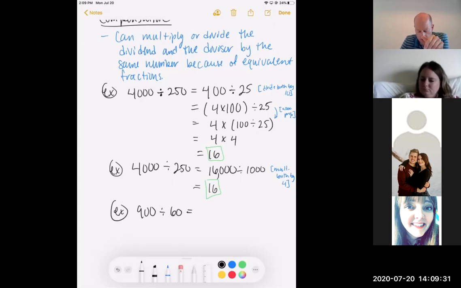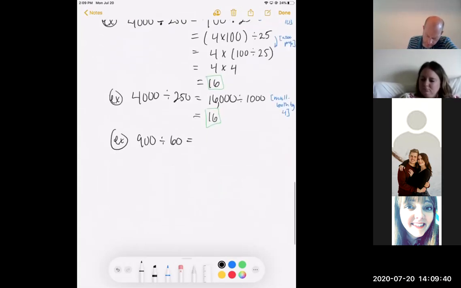Compensation again is multiplying or dividing both numbers. What about dividing by 30? Dividing both by 30. All right, so what do you get?